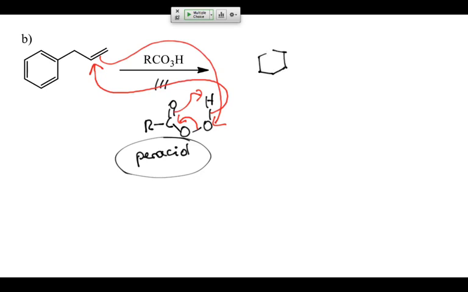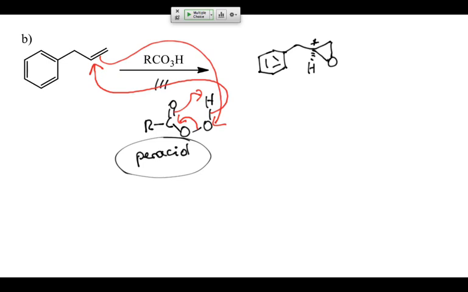Okay. There we go. Done. Does this have an enantiomer? What do you guys think? Absolutely. Because you see, this has a chiral center where the epoxide formed.